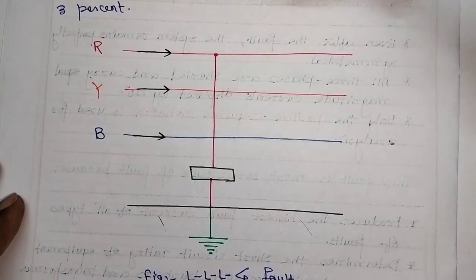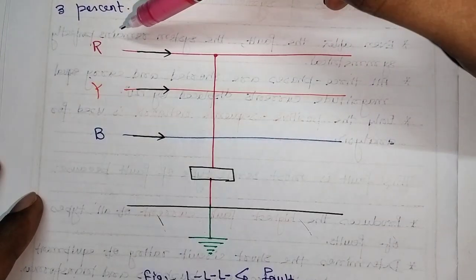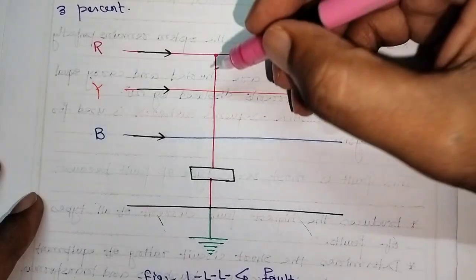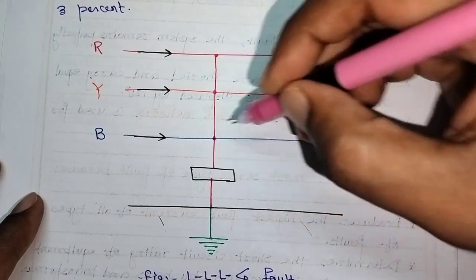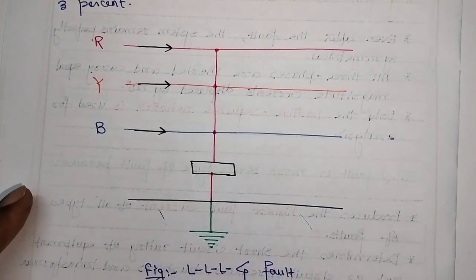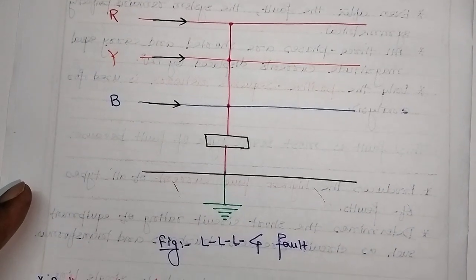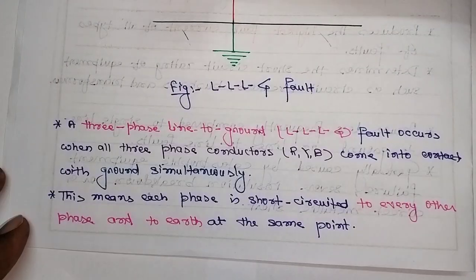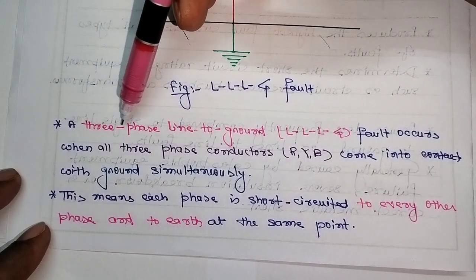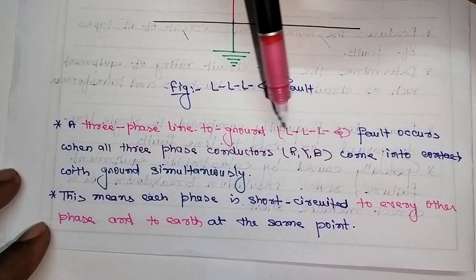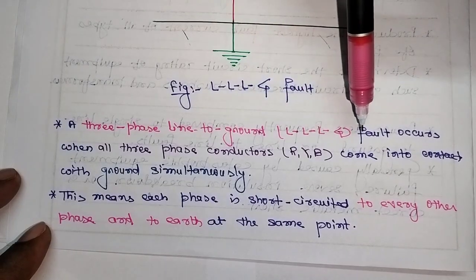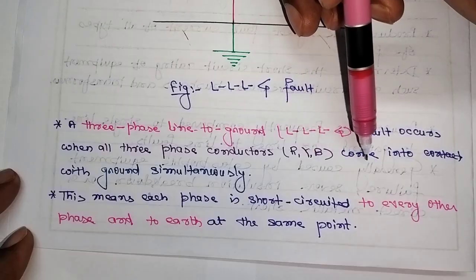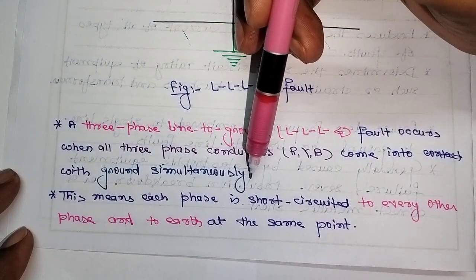So in the diagram we can see here, we have the three conductors R, Y and B. When they have shorted and grounded also, such type of fault is called the line to line ground fault. Next one we have a three-phase line to ground, that is L3G fault, which occurs when all three phase conductors R, Y, B come into contact with the ground simultaneously.